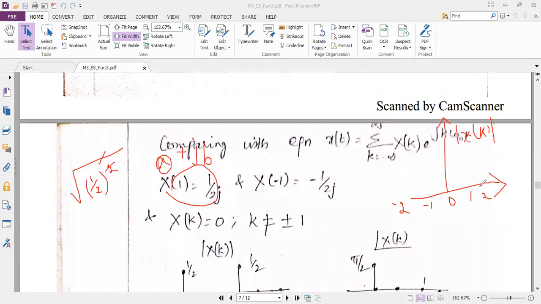So at 1, I can mark the amplitude as 1 by 2. Similarly, can anybody tell me what is the value of magnitude at the minus 1 position? A square is again 0 here, plus B square is minus 1 by 2 the whole square. So what will be the magnitude now again?